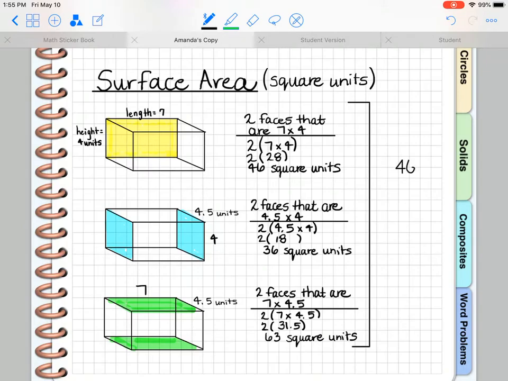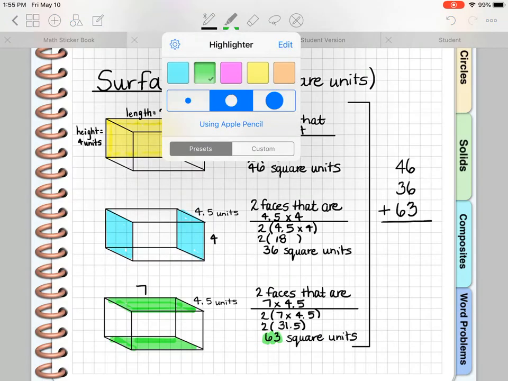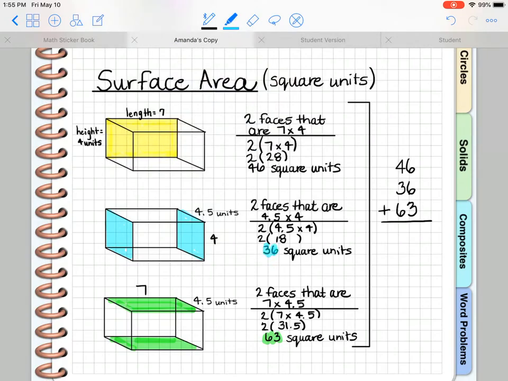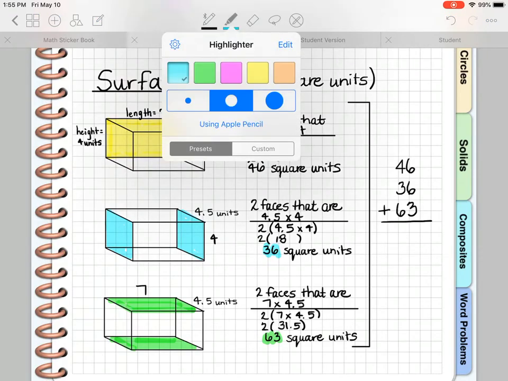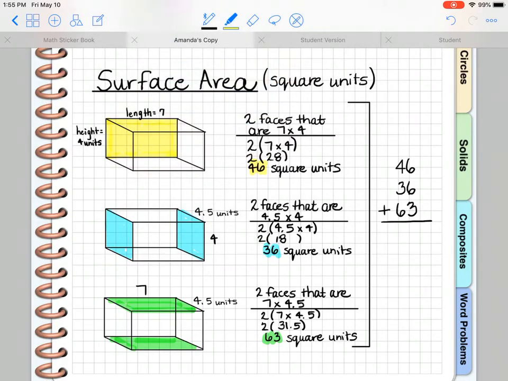So I'm going to take the 46, turn off my shape tool, the 36, and the 63. And let me just be sure that you know where I'm getting those. Here's the 63, here's the 36, and here is the 46.